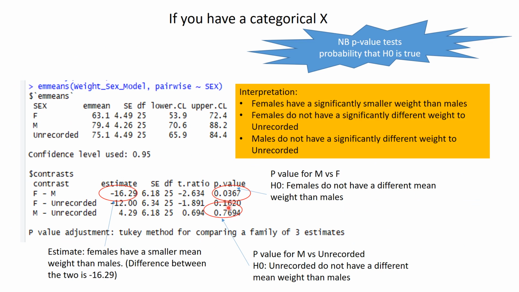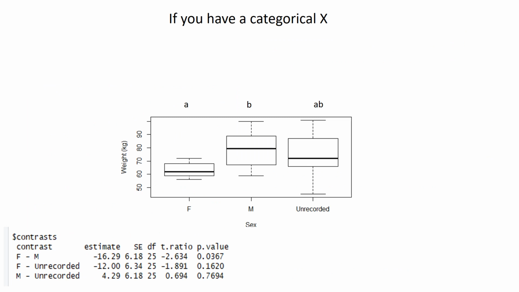So we can say females have a significantly smaller weight than males, and females and males do not have a significantly different weight to unrecorded. Okay, so we could see these two from the previous slide already, but we did need to test for the third hypothesis also.